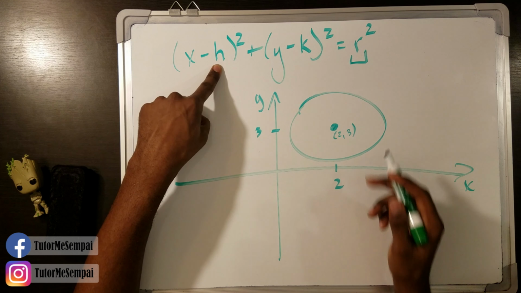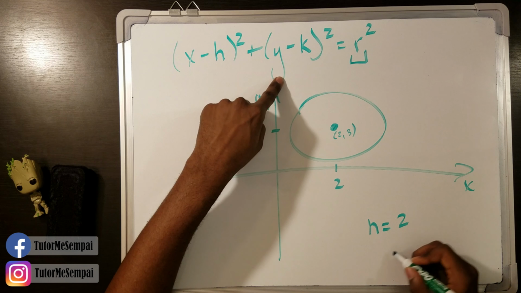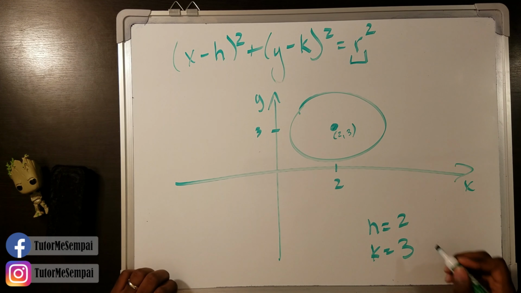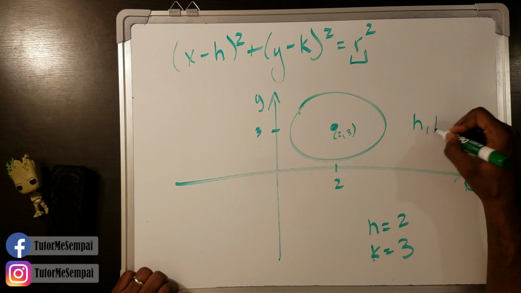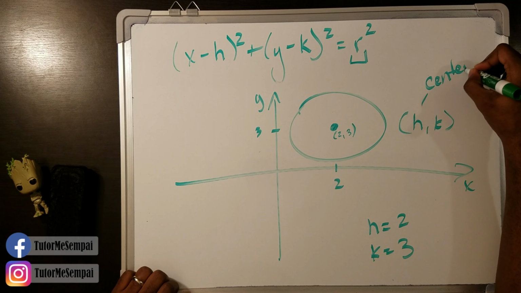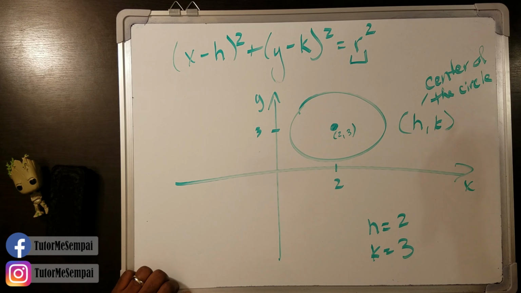So this h and this k, in this case, h is going to be 2 and k is going to be 3. h and k, when we write it this way, is the center of the circle.